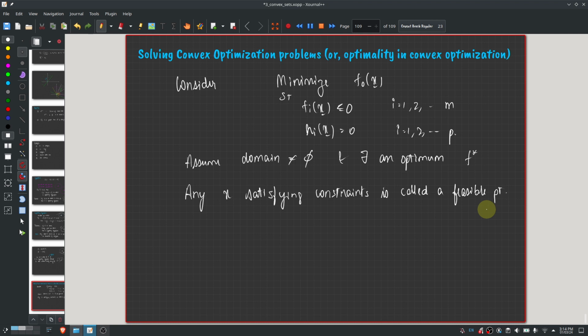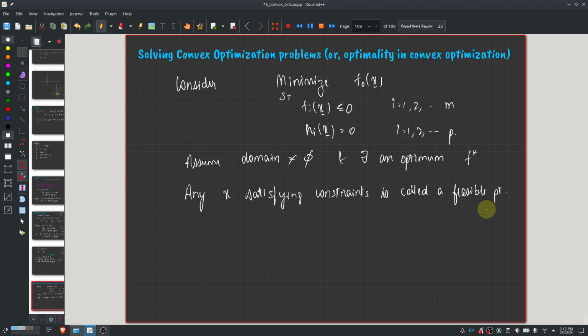So we know that there exists at least one feasible point. Now I have a given optimization problem. I'm eventually going to define a new optimization problem that is connected with this, but is hopefully easier to solve than this original optimization problem.